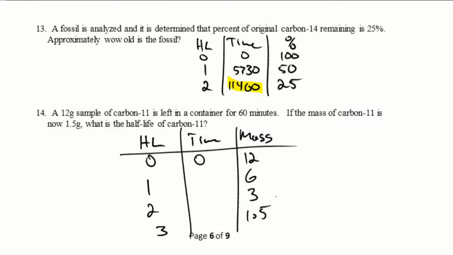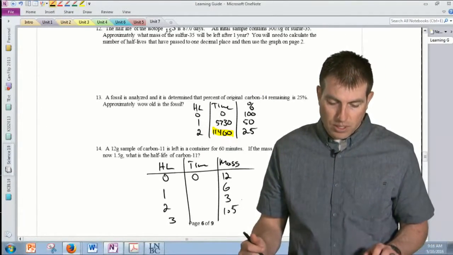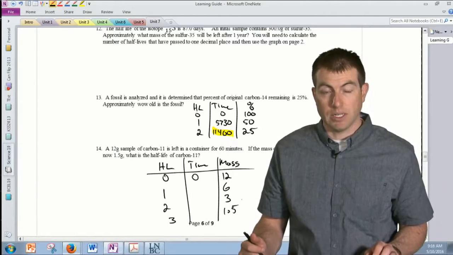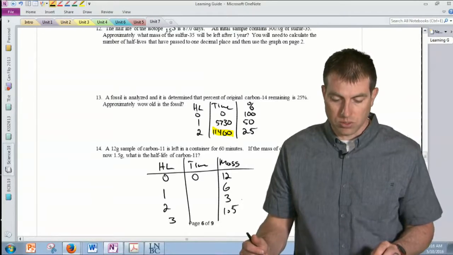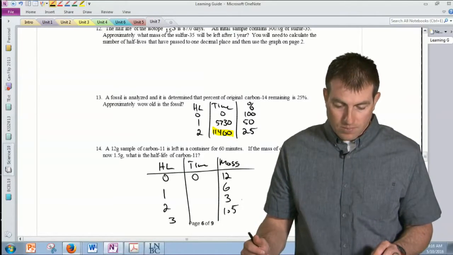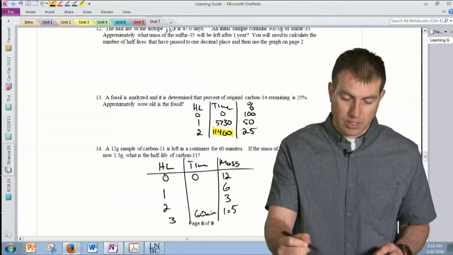All right, so if I had 3 half-lives occur, and I know that it's in the container for 60 minutes, you could probably figure out a way to go from there. So we know that this is 60 minutes down here.